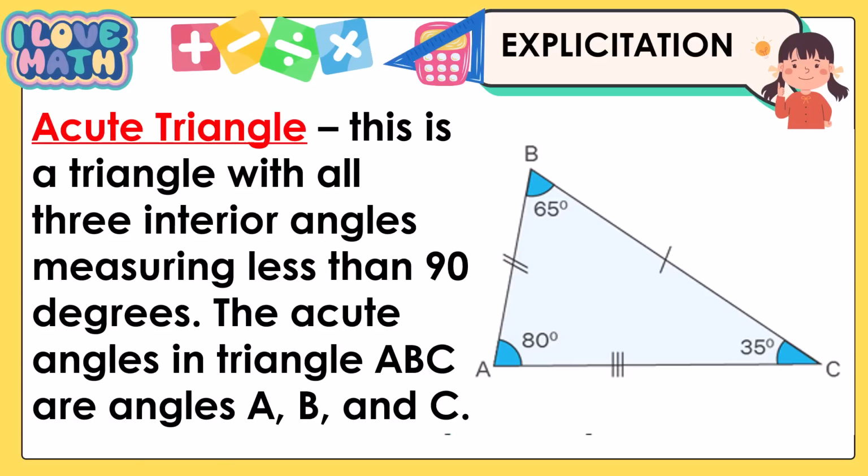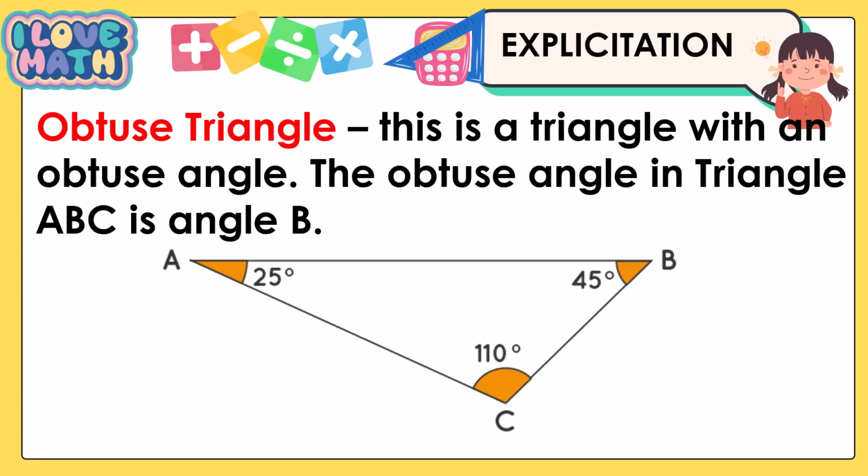The acute angles in triangle ABC are angles A, B, and C. Obtuse triangle. This is a triangle with an obtuse angle. The obtuse angle in triangle ABC is angle B.